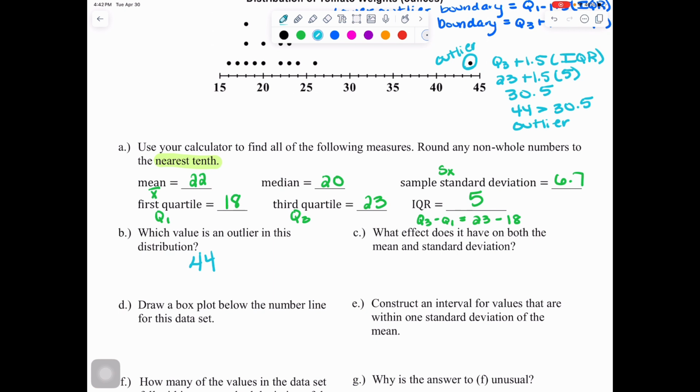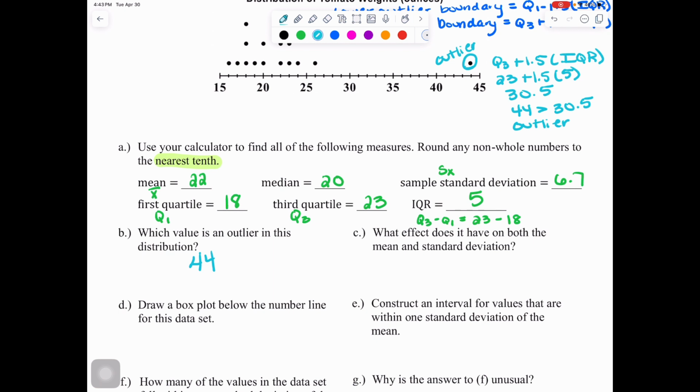So what effect does it have on both the mean and the standard deviation? So that is way over to the right when most of your data is to the left. So if that point wasn't there, your average would be somewhere in the middle of your dot plot values. So you're talking 19 to 21, somewhere in there. What happened for us is that we had this big number over on the side that if we add it in with all the rest, it's going to cause the mean to be higher, which means your standard deviation is also going to be higher.